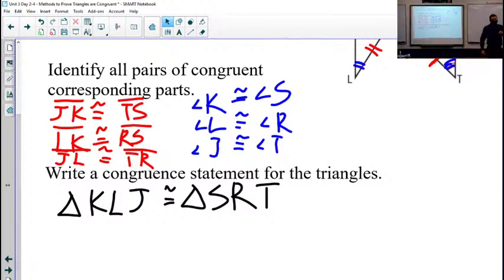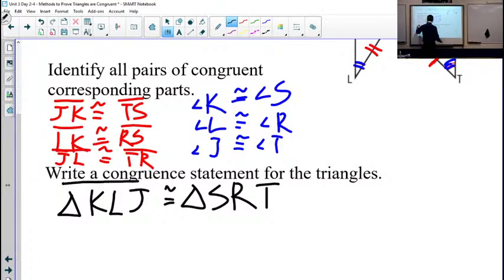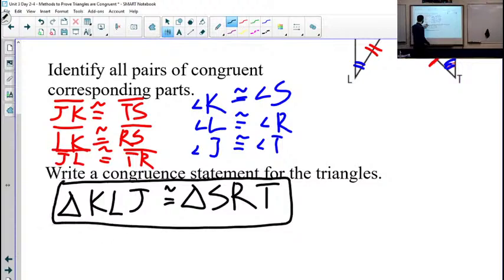And the reason that this order matters, the reason that we're writing it this way, is so that I can show you this statement, and you can come up with all of these. In other words, hidden in this statement are all the angles lining up with each other.